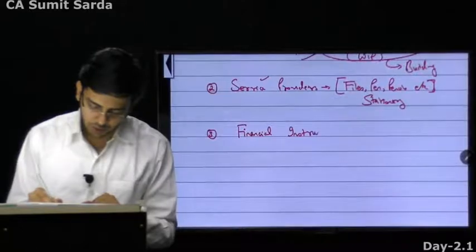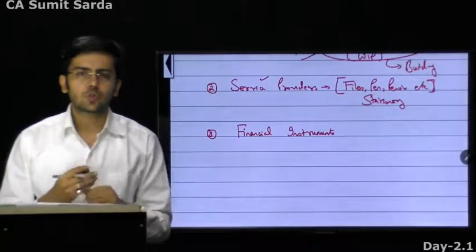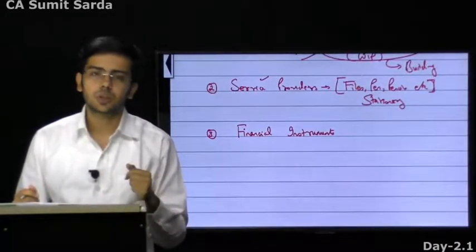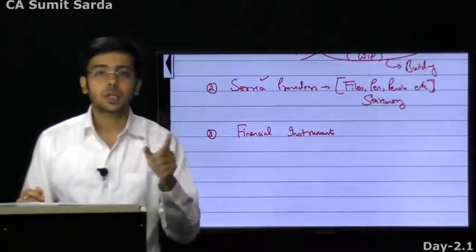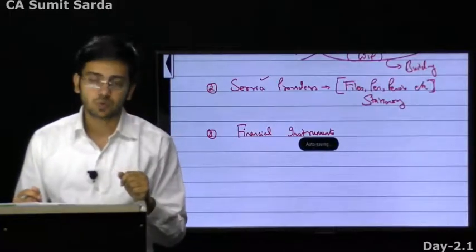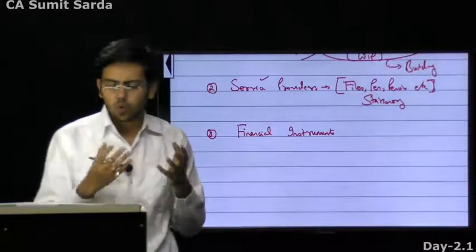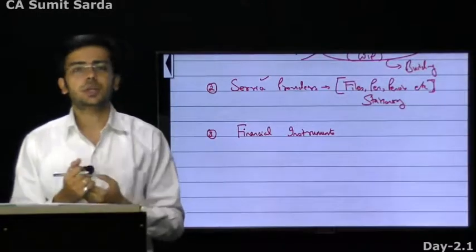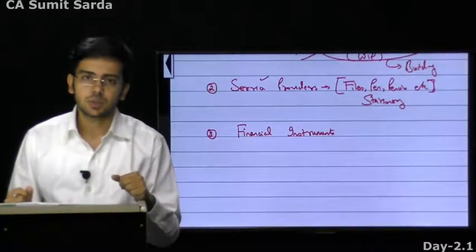Financial instruments. So financial instruments, my friend, for any person, like if you are purchasing certain financial instruments like shares and debentures, for you it will be classified as investments, and we have a specific standard available, AS13, under which we are going to account for the same. But for whom are financial instruments inventory? We are talking about the brokers and traders in the market, whose primary business is to purchase and sell such shares and debentures.